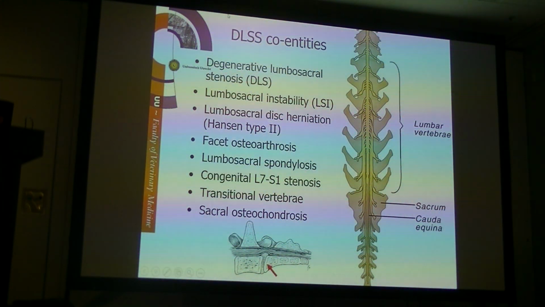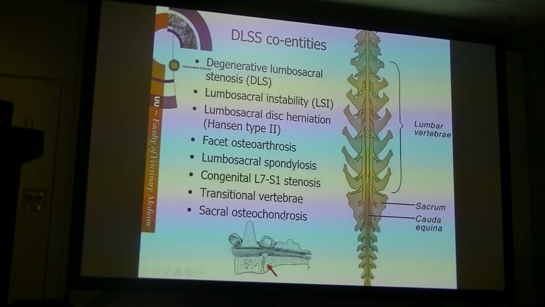So we see instability with this disease. We see type 2 disc herniation, just like in disc-associated cervical myelopathy. We see osteoarthrosis of facet joints, spondylosis, and there's also a congenital stenosis of the lumbosacral spine that leads to symptoms in dogs that are quite young, at 1 or 2 years of age.